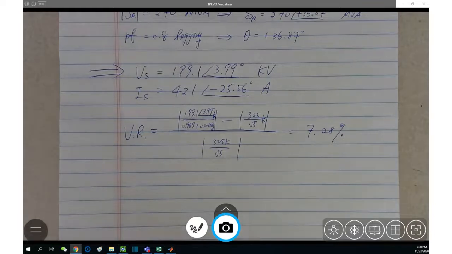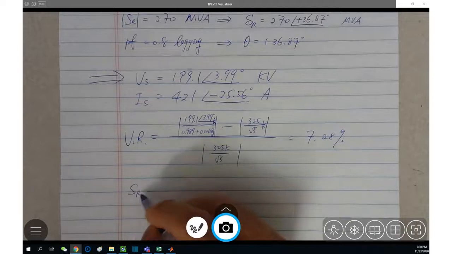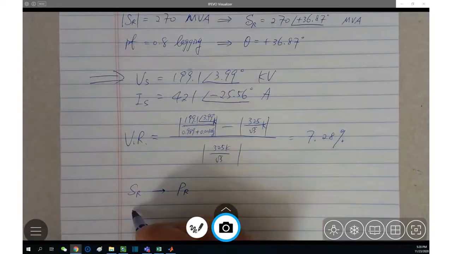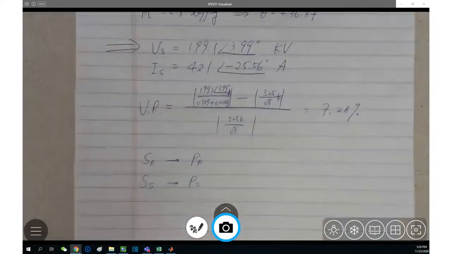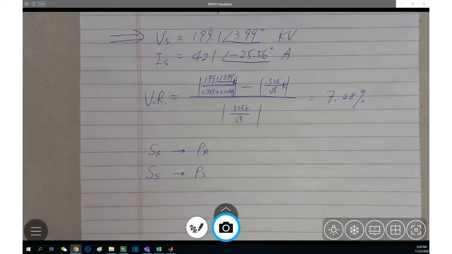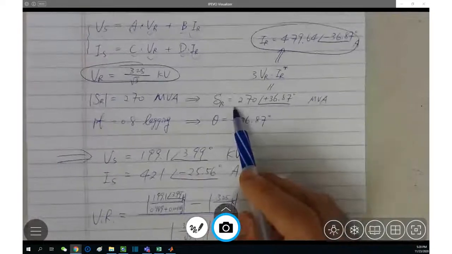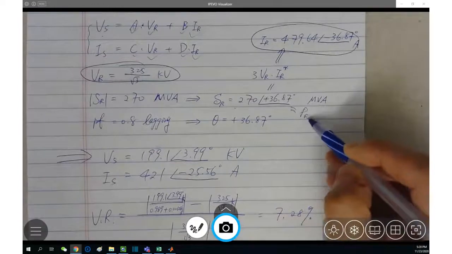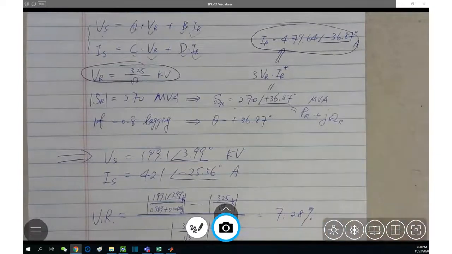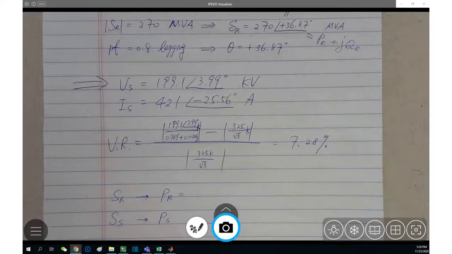And as to the efficiency, what do we need? SR, find PR. Right? SS, find PS. Right? SR we already got here. We convert this to PR plus j times QR. In rectangular form, we are able to easily find PR.